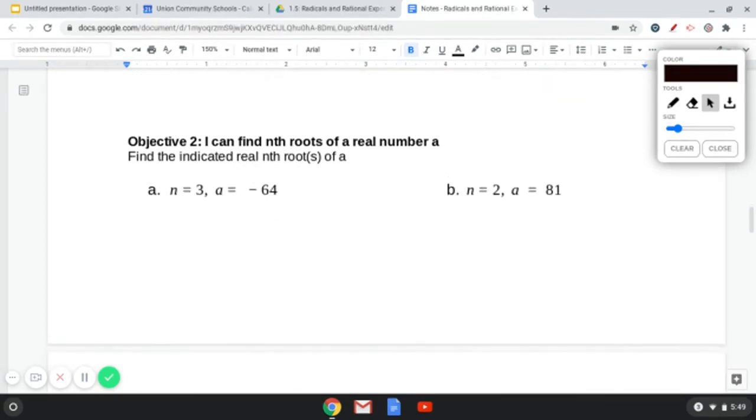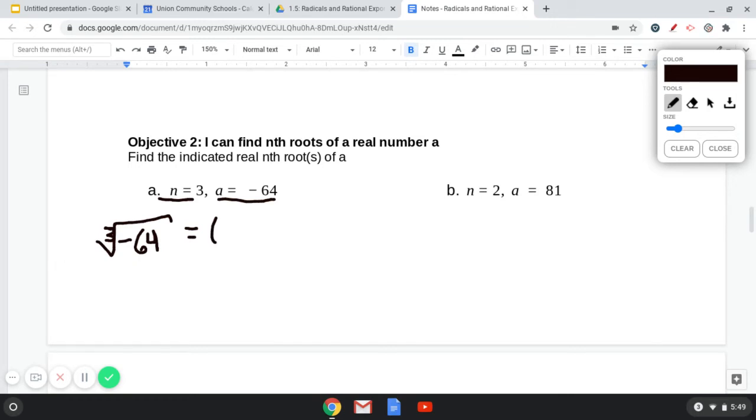All right, let's find some nth roots of these real numbers a. If n is 3 and a is negative 64, that means we are taking the third root, the cube root, of the number negative 64. So this means what cubed is negative 64?